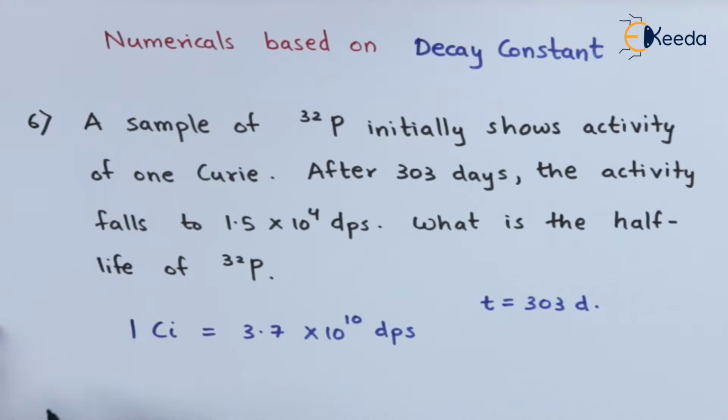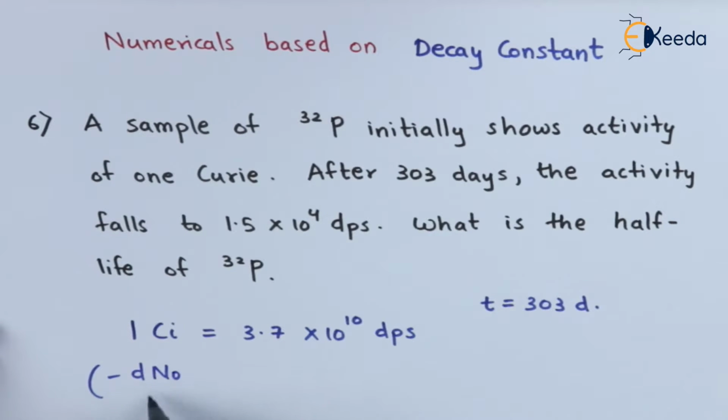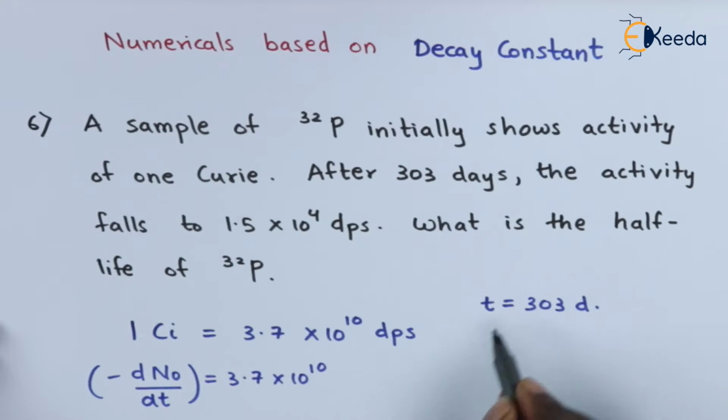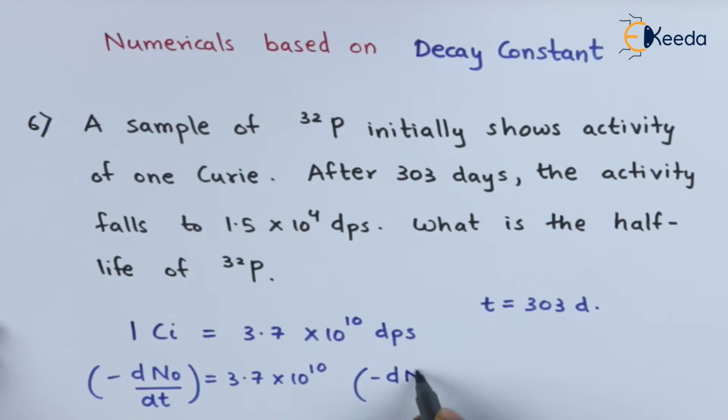That means the initial disintegration, dN0 divided by dt, is found to be 1 curie, that is 3.7 into 10 raised to 10. While after a time of 303 days, the number of nuclei that has been left is found to be 1.5 into 10 raised to 4 dps.